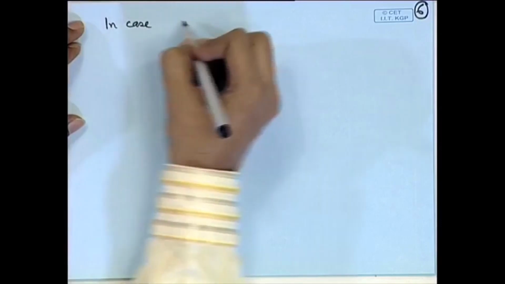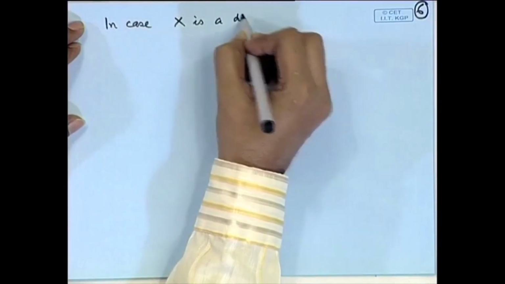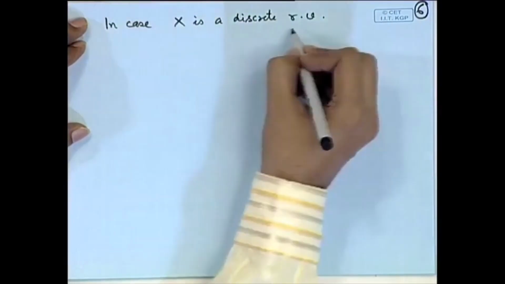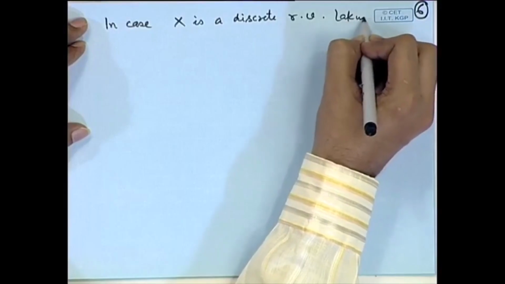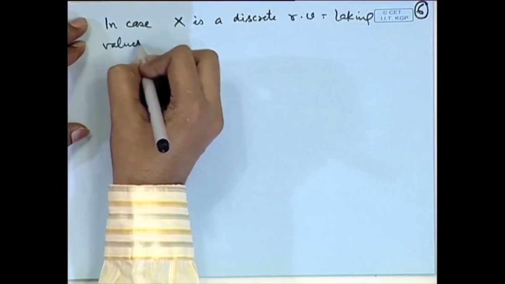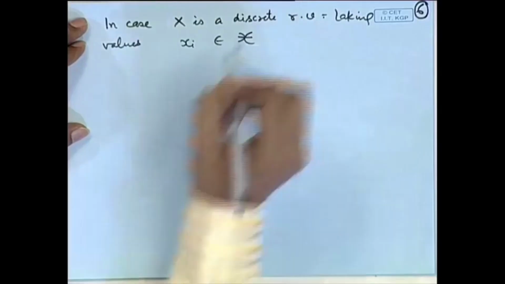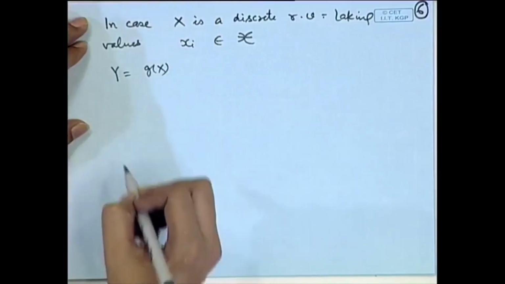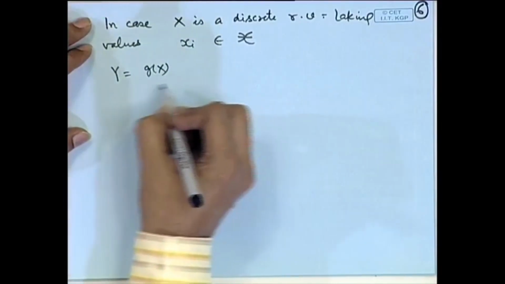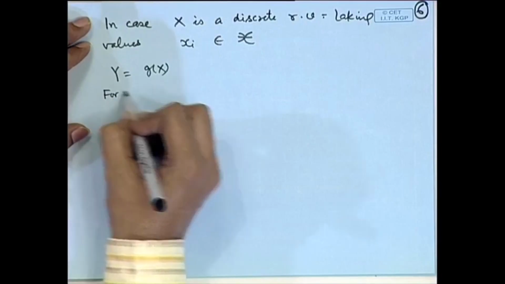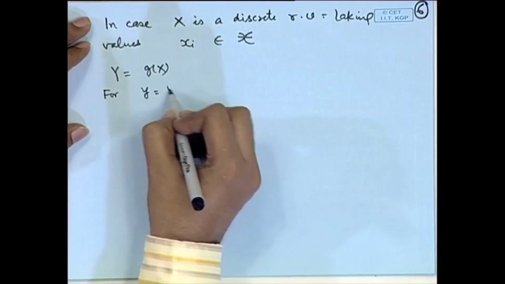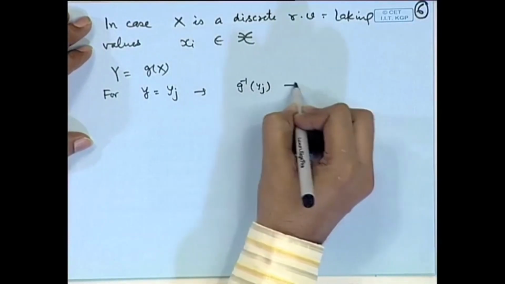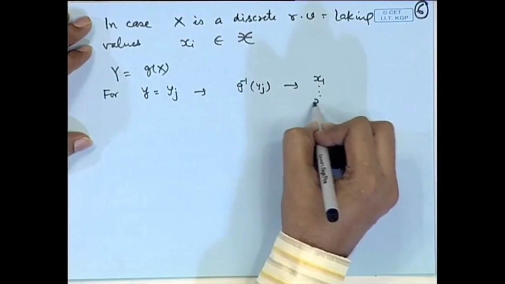In case X is a discrete random variable, say the random variable is taking values x_i belonging to some set script X, and Y = g(X) is a function. So, we consider that for Y = y_j, g inverse of y_j could be x_1, x_2, ..., x_r, say.